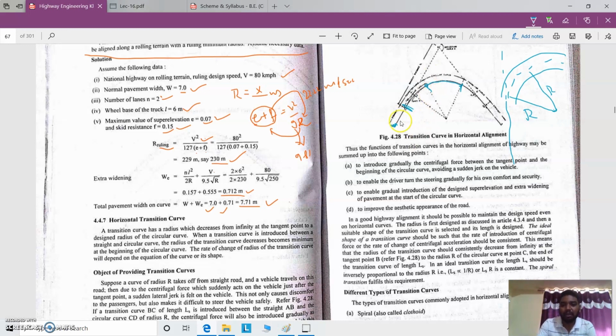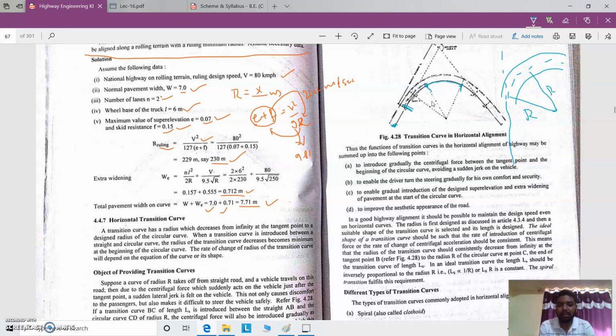It also gives a good aesthetic view to the pavements and the alignment. So based on these reasons, the transition curve may be considered, to have safety against lateral jerk as well as discomfort to the passenger, right.